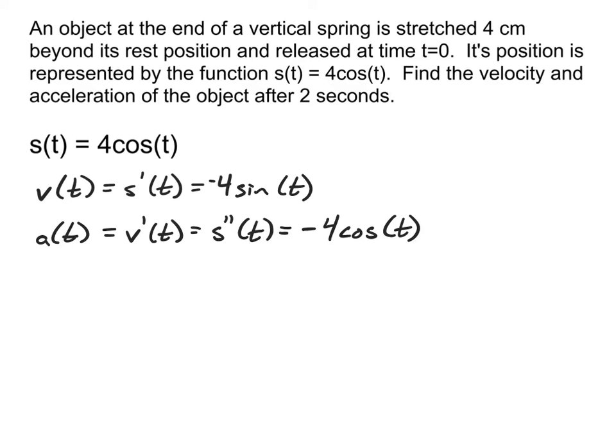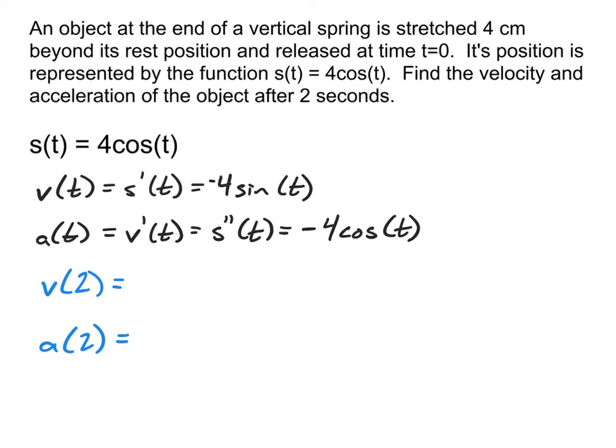The last step that we have to do here is we need to know specifically what's the velocity and acceleration of this object after 2 seconds. So I need to figure out what v of 2 and a of 2 are. We're going to go ahead and be finding out what both of those values are.